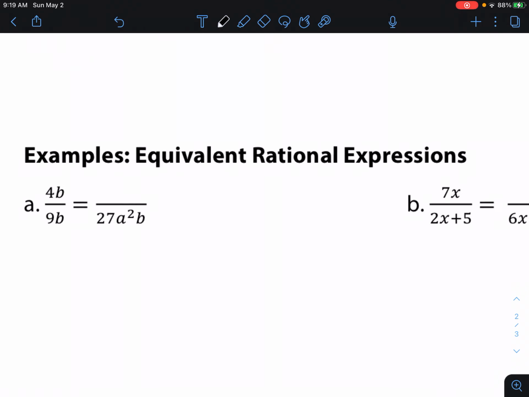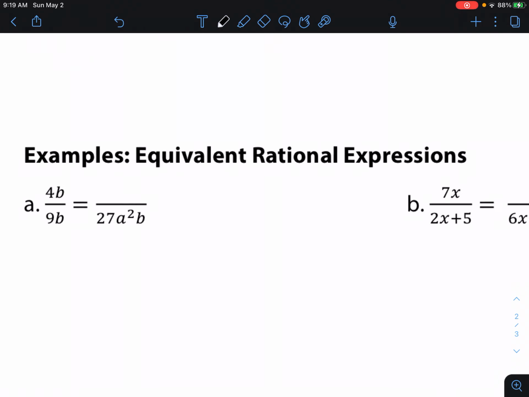So the thing we need to think about here is, what did I do to 9b to turn it into 27a squared b? This is like saying our new least common denominator is 27a squared b. So what did I do to the 9b to turn it into that? And then I'm going to do the exact same thing to the numerator.